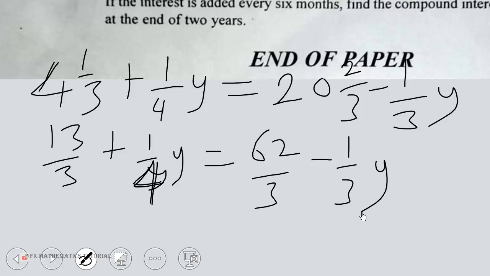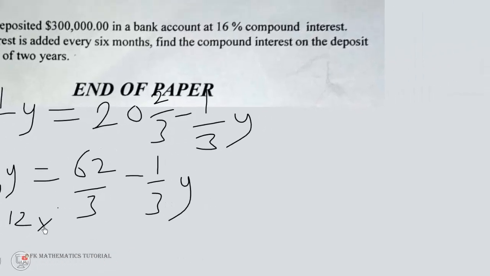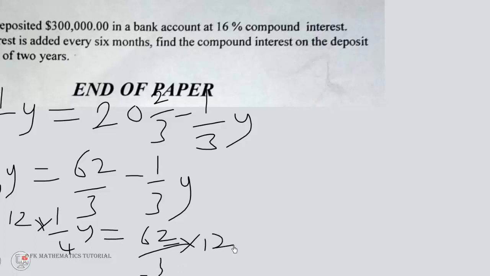So let's create a fraction first. The LCM is 12. So multiply through by 12 times 13 over 3 plus 12 times 1 over 4y, and is equal to 62 over 3 times 12 minus 12 times 1 over 3y.